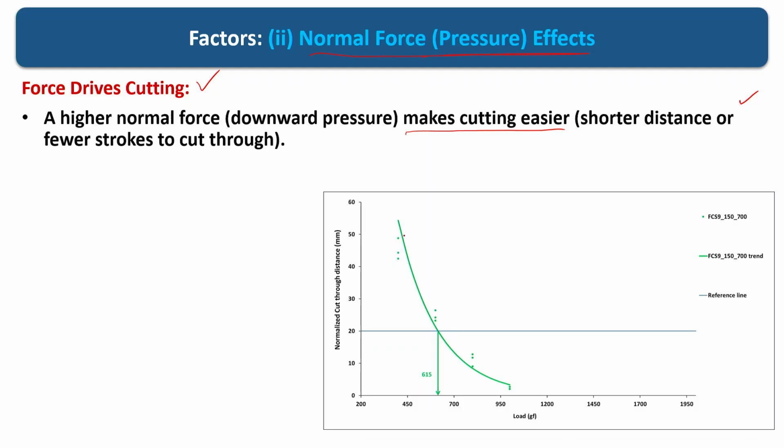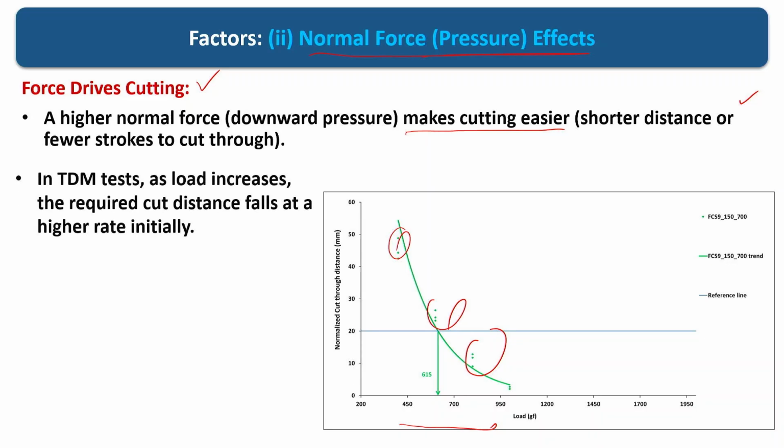Here we can see as we increase the normal load, the cut through distance is reducing. While testing, in normal testing we use a certain cut through distance or certain load, but in actual practice this may be entirely different. So, we must have a clear idea of how cutting performance is affected by normal force.